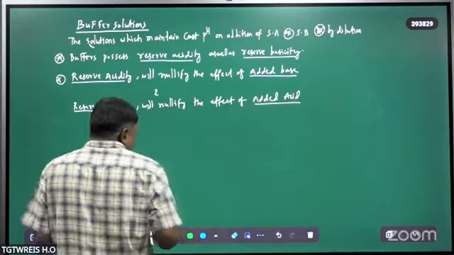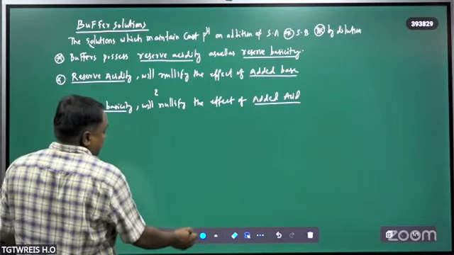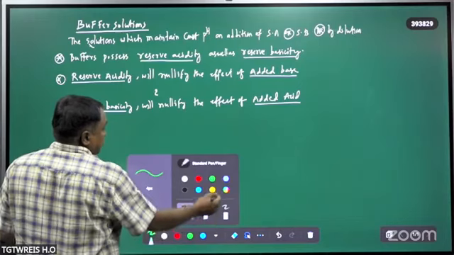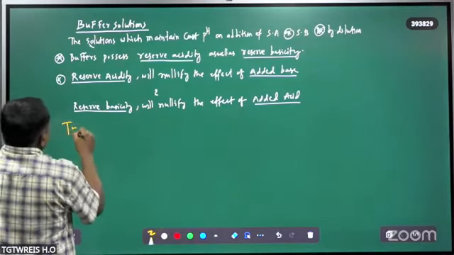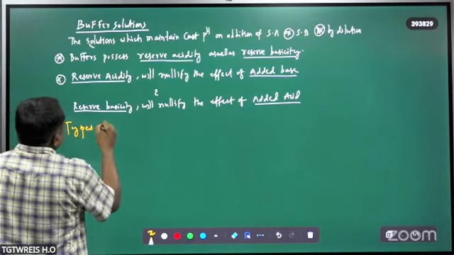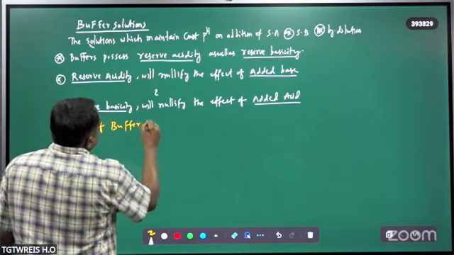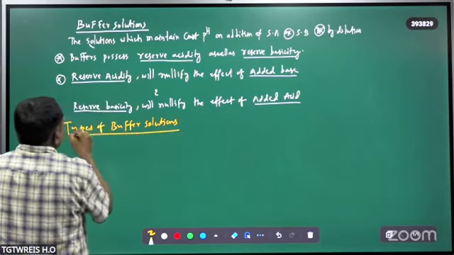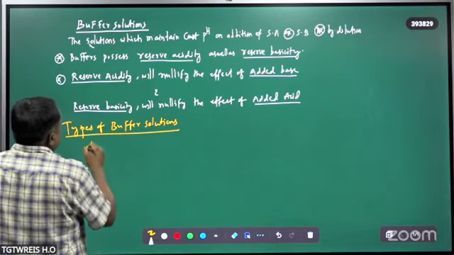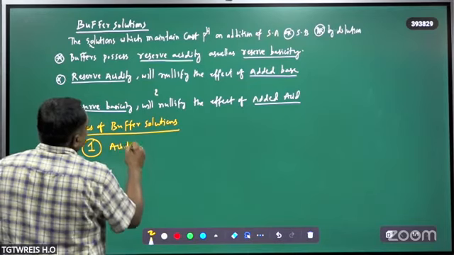After this, we are going to discuss the types of buffer solutions. There are various types of buffer solutions. Number one is acid buffers.